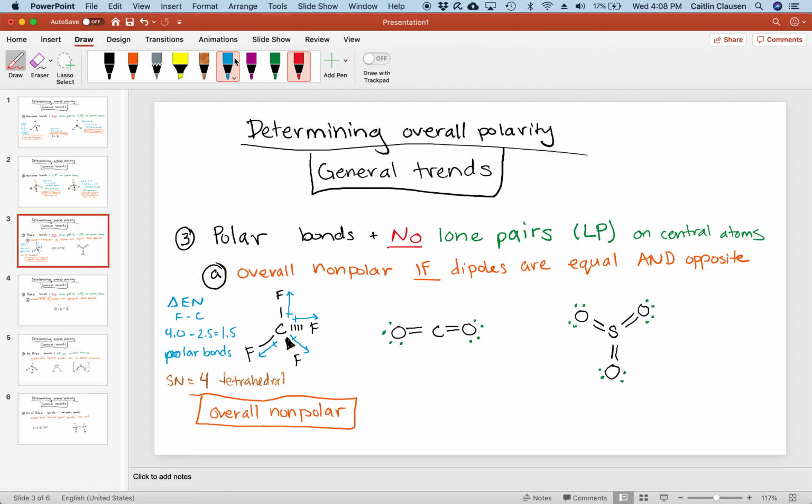Let's try that for CO2. Delta En for oxygen to carbon. Oxygen is 3.5, carbon is 2.5, that is 1.0. Those are definitely polar bonds.